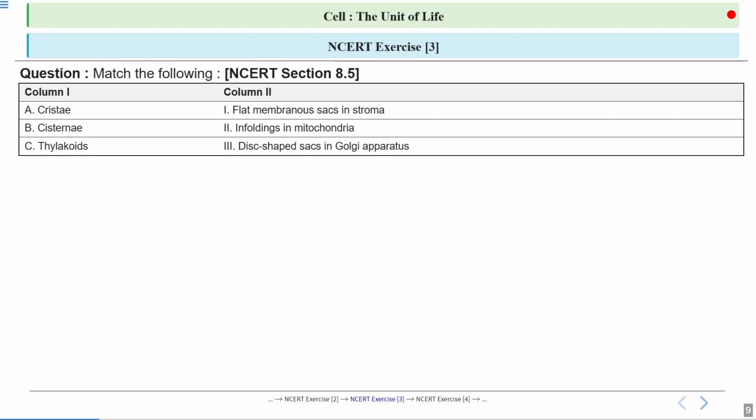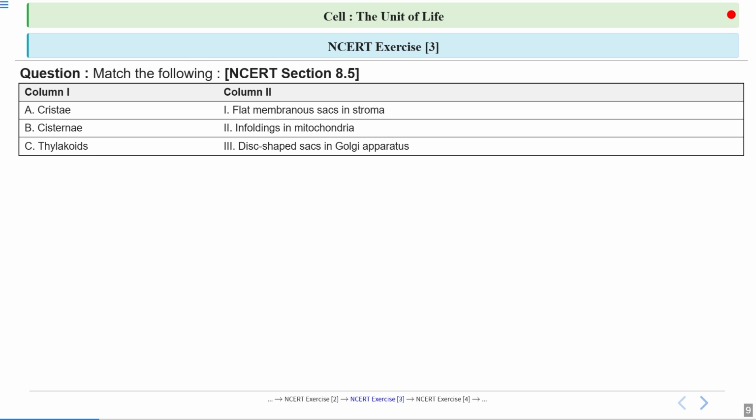Now, next one, this is the match the following question. This is a column based question. You can see two columns are given to you. In the first column, what is given to you? The names of the structures: cristae, cisternae, and thylakoids. And in column number 2, the explanations of these terms are given to you, where these structures are present.